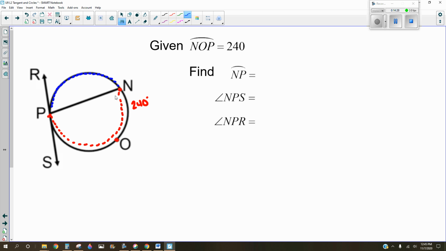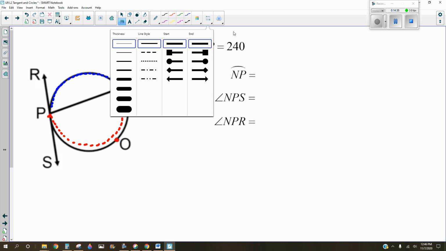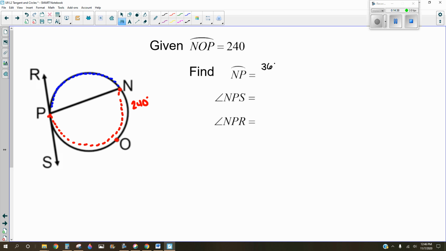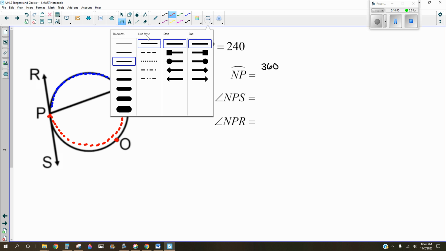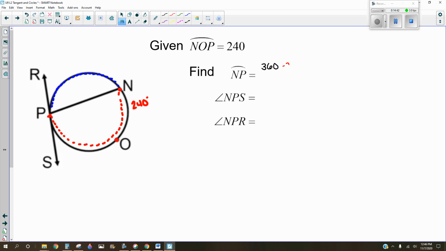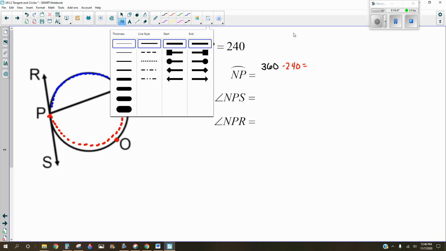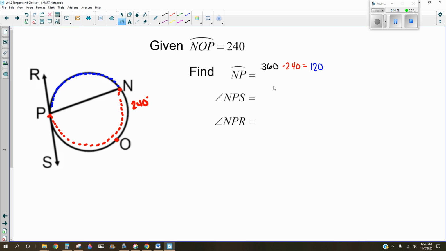The red part's 240. We have to figure out the blue. Well, we know a whole circle is 360. So why don't we just subtract the part that's in red so we can figure out the blue part, right? So if we subtract what we've got, it means the blue was 120. So arc NP is 120.